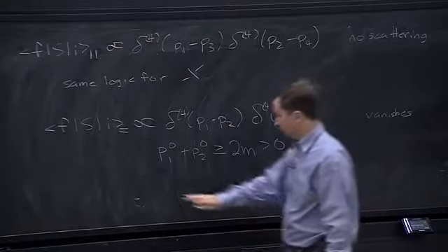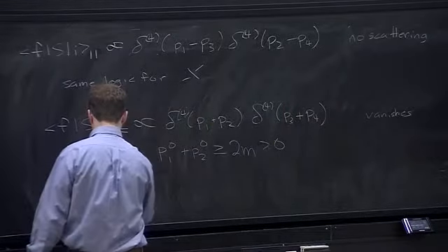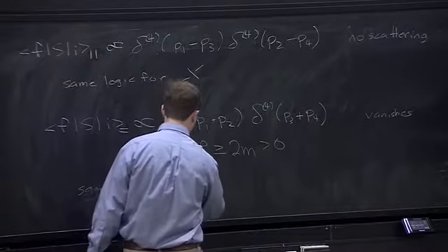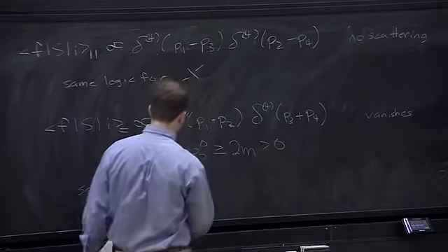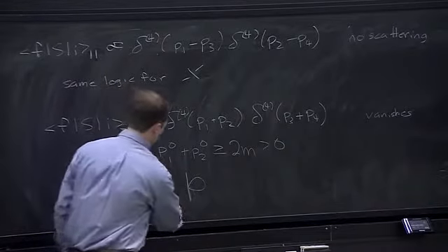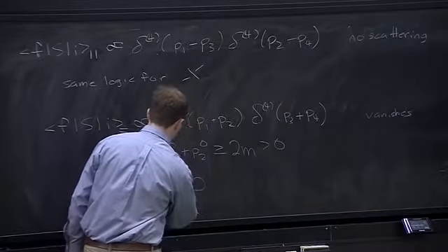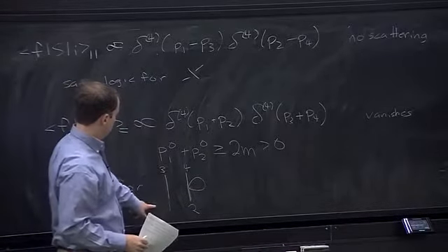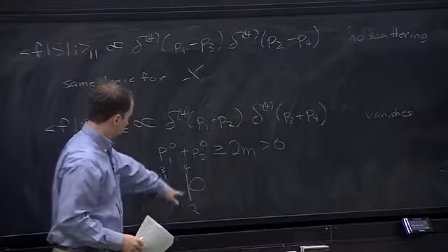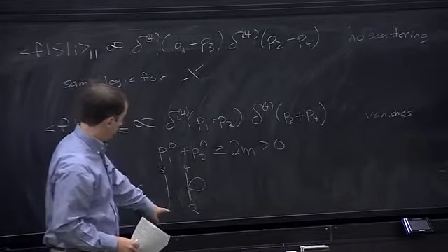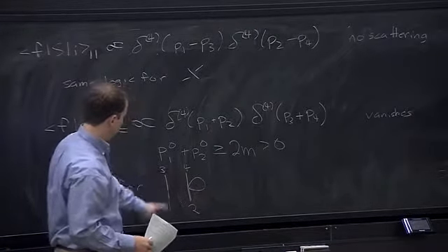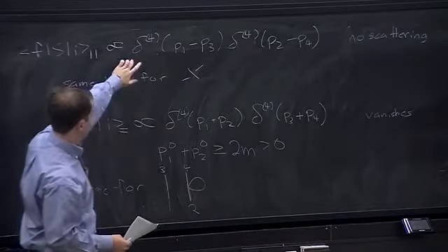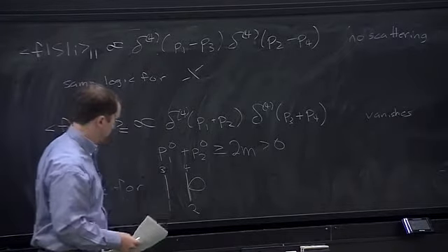So if we considered a diagram, say like this, which had a vertex, but there were no interactions, or the diagram is disconnected, so there's no interactions between all four of the particles, this diagram will also be proportional to the same delta function, delta of P1 minus P3 and P2 minus P4.